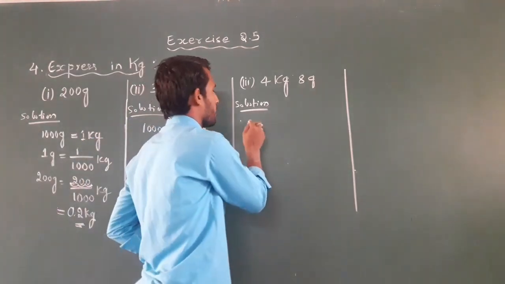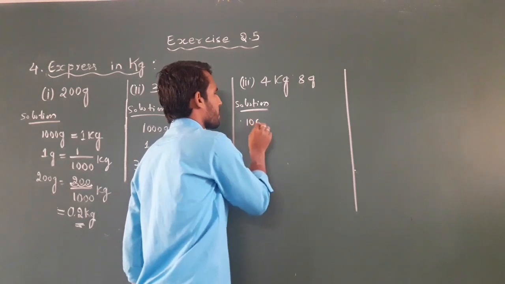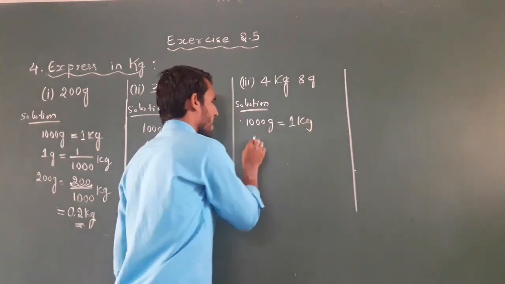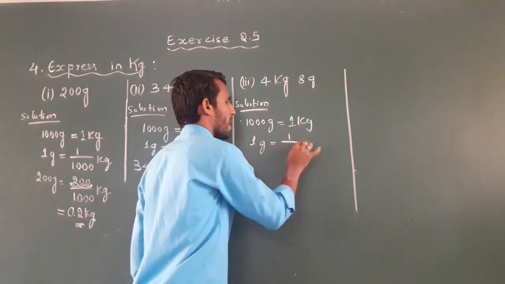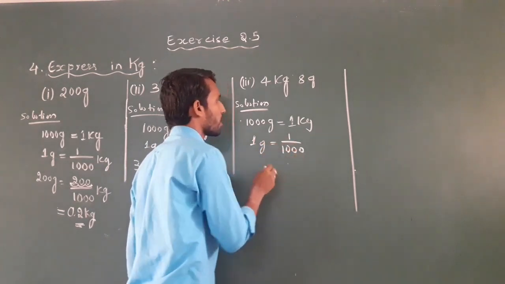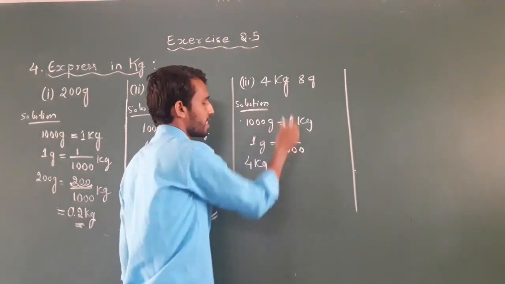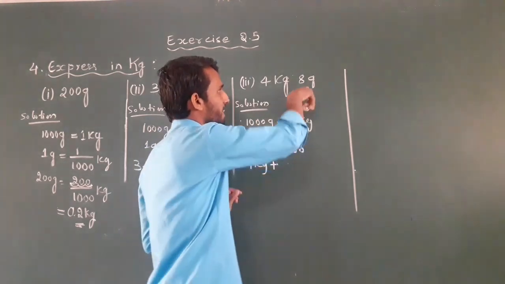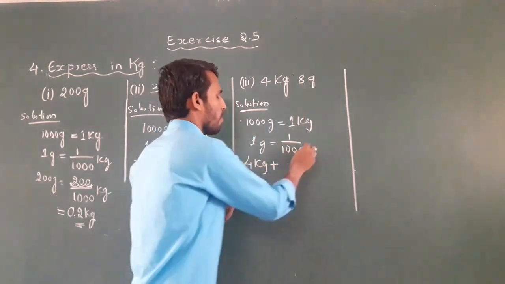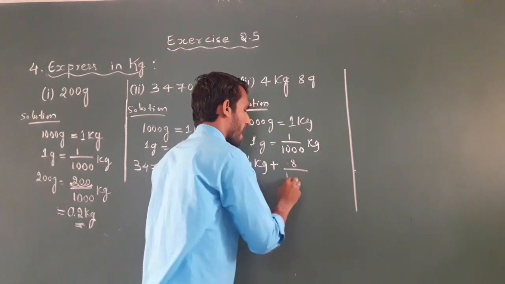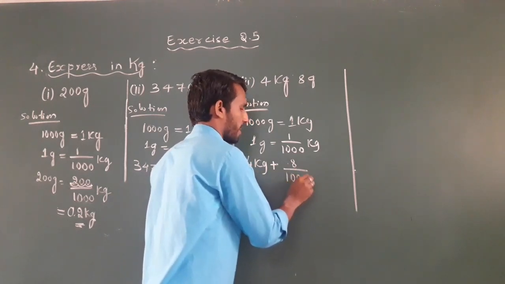See, third problem here. As you know, dear student, 1000 gram equal to 1 kg, 1 gram equal to 1 by 1000. Here 4 kg is the whole number. When we write 8 gram, we get 8 by 1000.